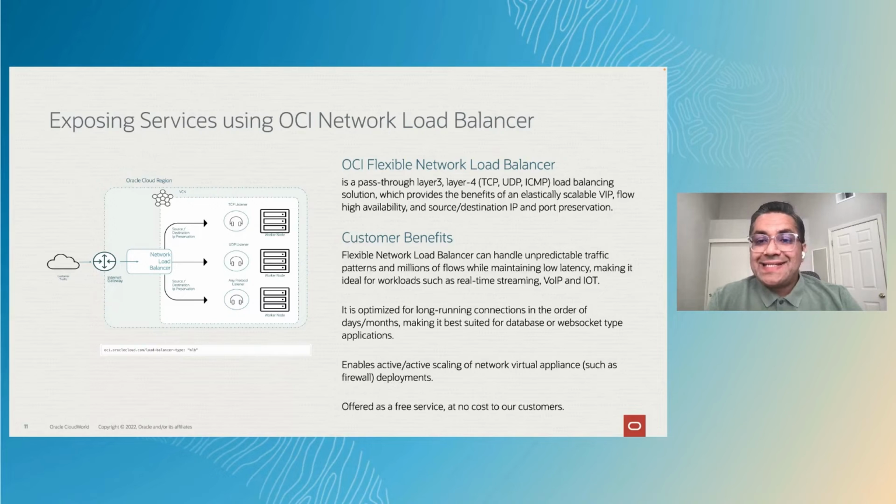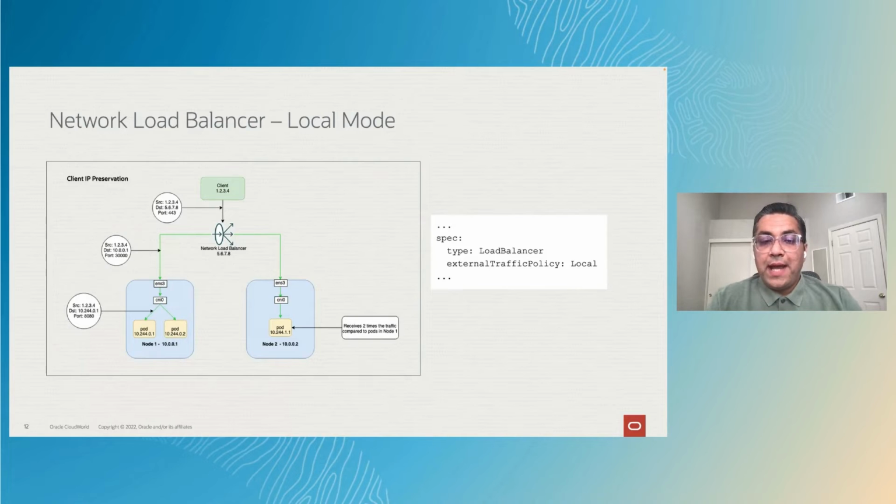It offers an elastically scalable regional virtual IP address that can scale up or down based on the client traffic with no minimum or maximum bandwidth configuration requirement. It also provides the benefit of flow high availability, and source and destination IP address preservation.